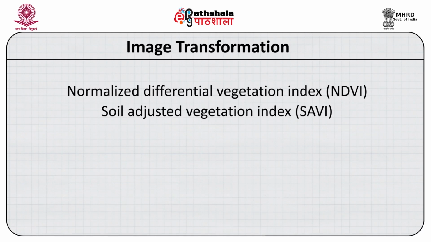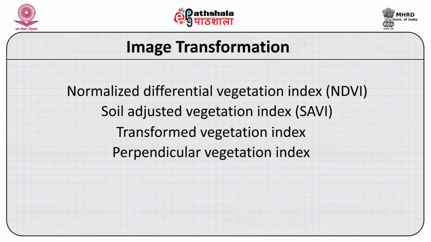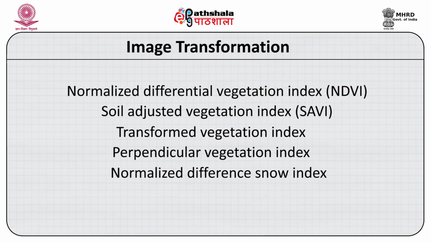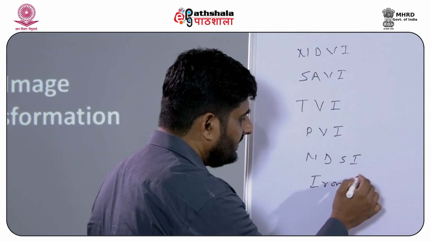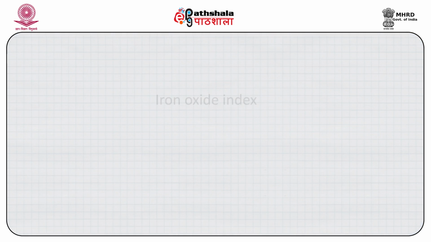We also have transformed vegetation index. Then we can also develop perpendicular vegetation index. Apart from these vegetation indices, we also have normalized difference snow index, which can be used in snow studies, and also we can have indices which may be used in geological studies, that is iron oxide index.